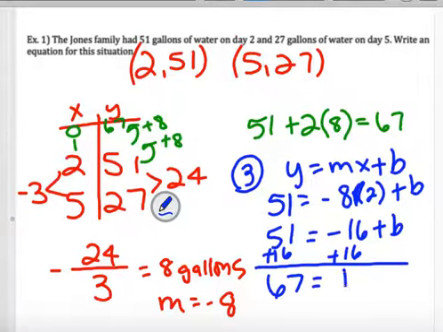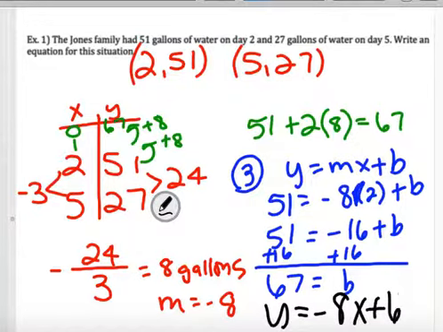I know my starting point is 67. So all 3 of these methods, the table method, just the nuts and bolts of working backwards from the table, or using y equals mx plus b to find our starting point, they would all yield the same final equation for this situation, which would be y equals negative 8x plus 67.